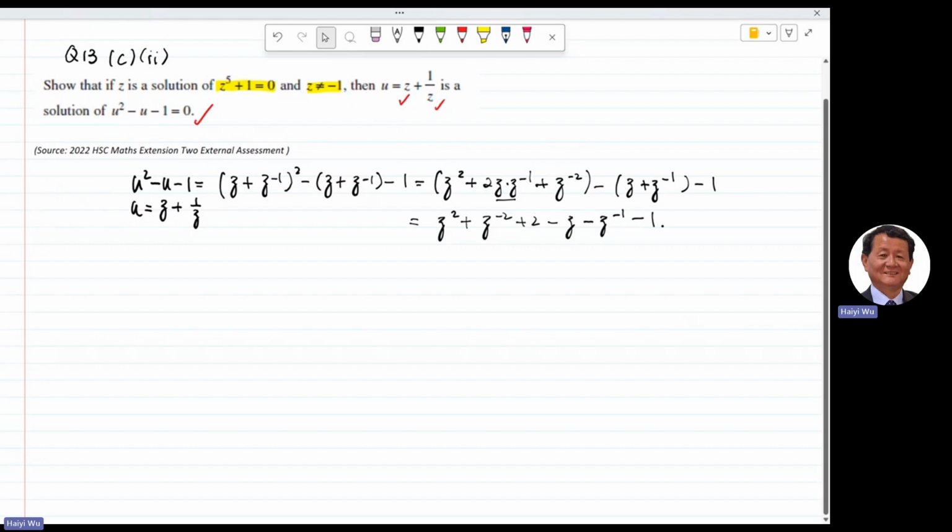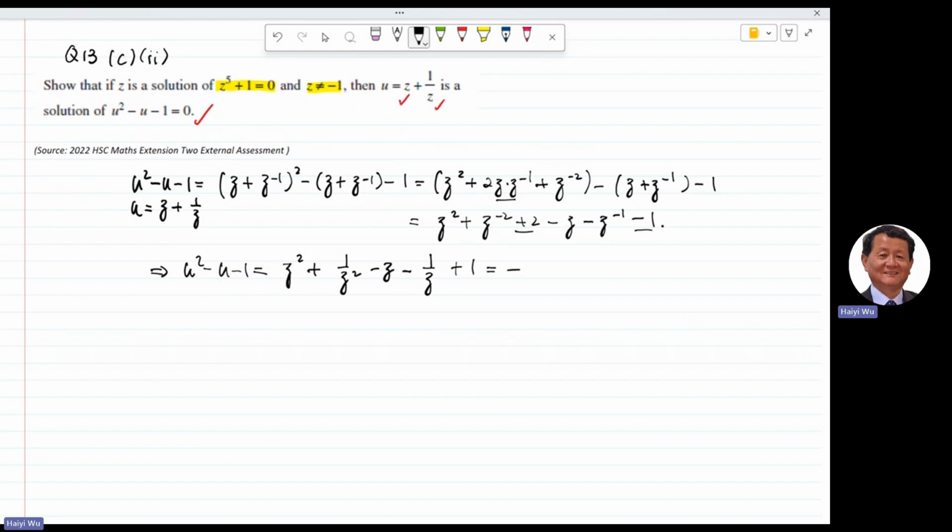So now we've got the equation. Actually these two we can put as 1. So therefore U squared minus U simplifies to Z squared, and I'm going to put Z squared at the bottom, minus Z, minus 1/Z, and plus 1. So now I'm going to put a common denominator, which is Z to the power 2.